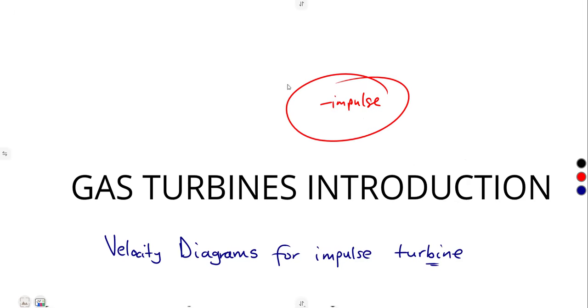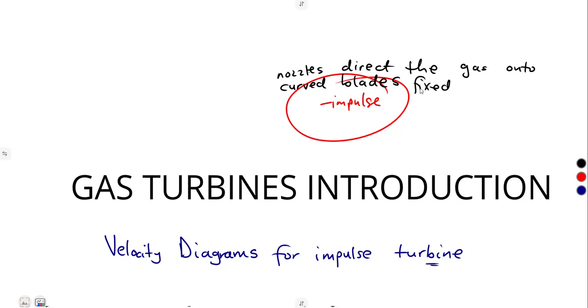Here it is directly the nozzles that direct the gas onto curved blades, fixed to the perimeter of a wheel.